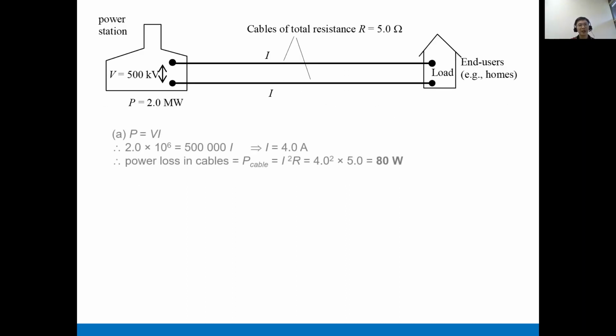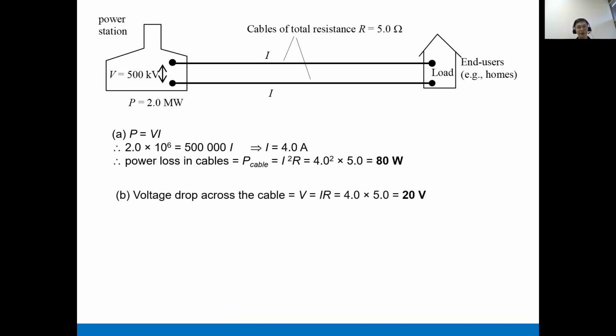We first step it up to 500 kilovolts. If you remember the equation, power equals V times I. If your power is 2 megawatts and the voltage is 500 kilovolts, the current through these cables will be 4 amperes. Next, to find the power loss in the cable, it will be the current through the cables squared multiplied by R. So you get 4.0 squared times 5, which gives 80 watts.